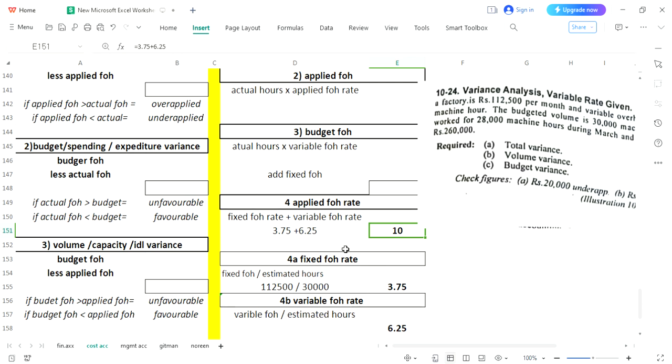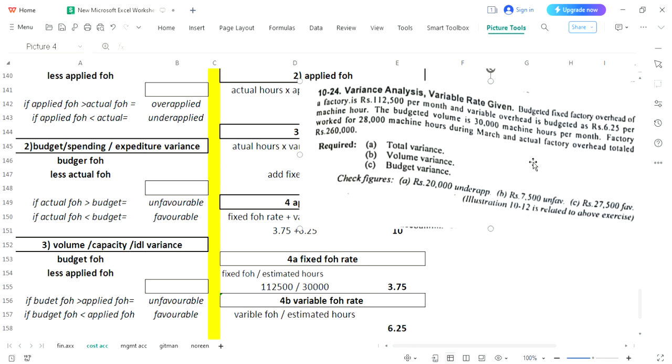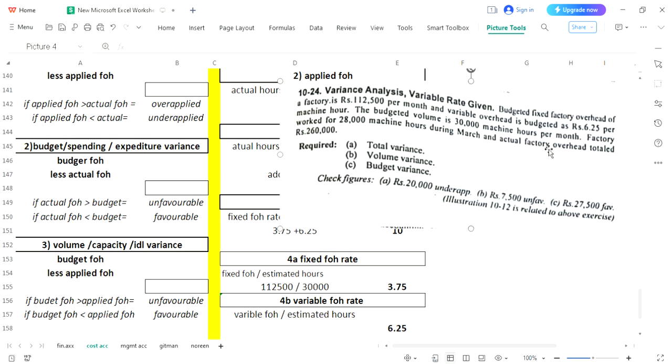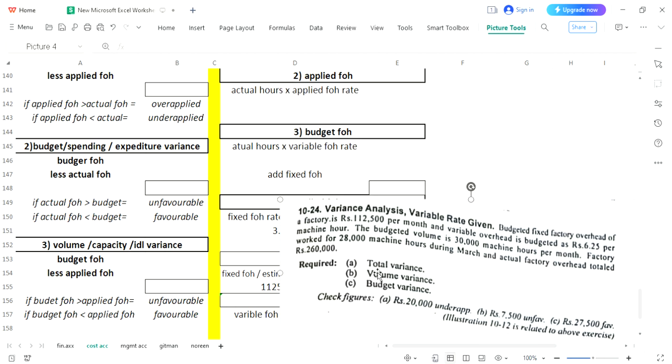Now we'll take the next step, which is actually the back step. The third step is to calculate budget FH. For that we need actual hours. So let's see where actual hours are mentioned. After 30,000, it has been said that factory overhead worked. Worked is past tense. It means they actually worked 28,000 hours.